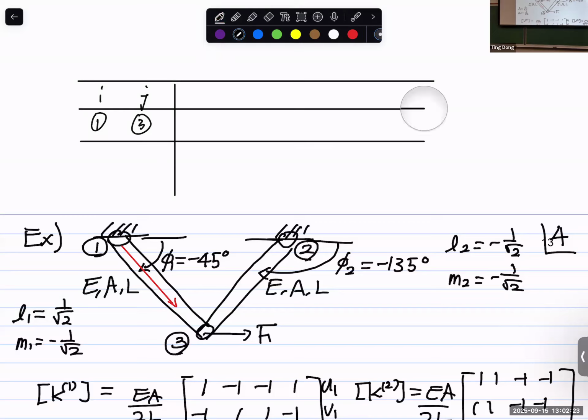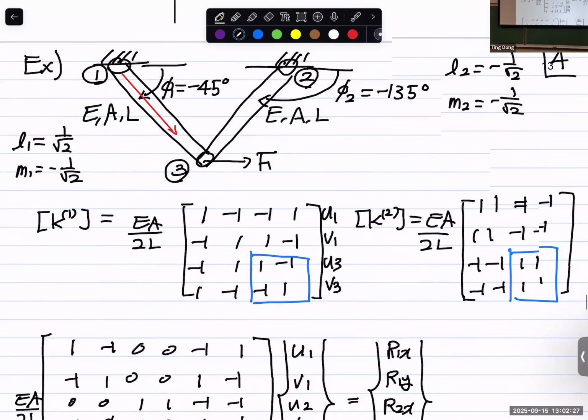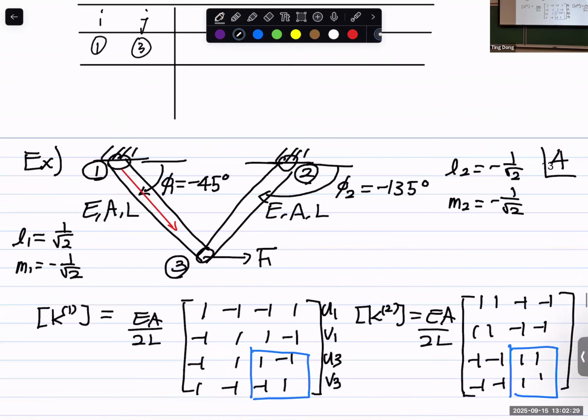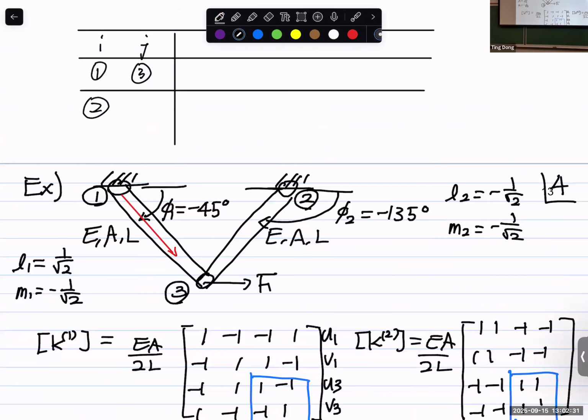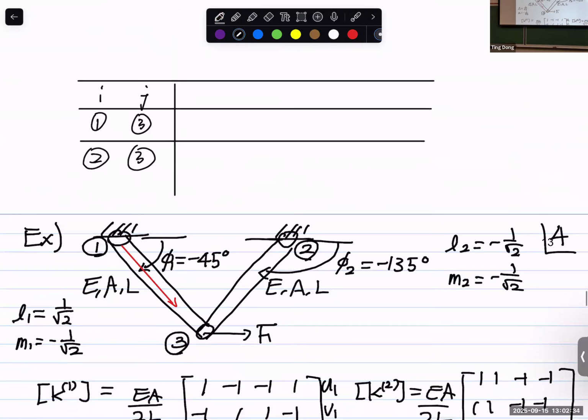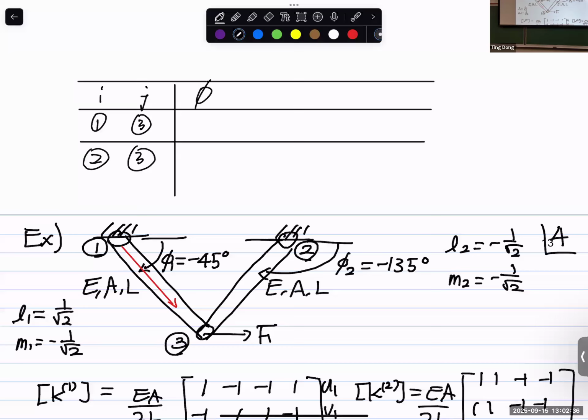This is for the first element. For the second element, he used node 2 to node 3. Now let's put the angle phi here. If I define from 1 to 3, it should be negative 45 degrees.